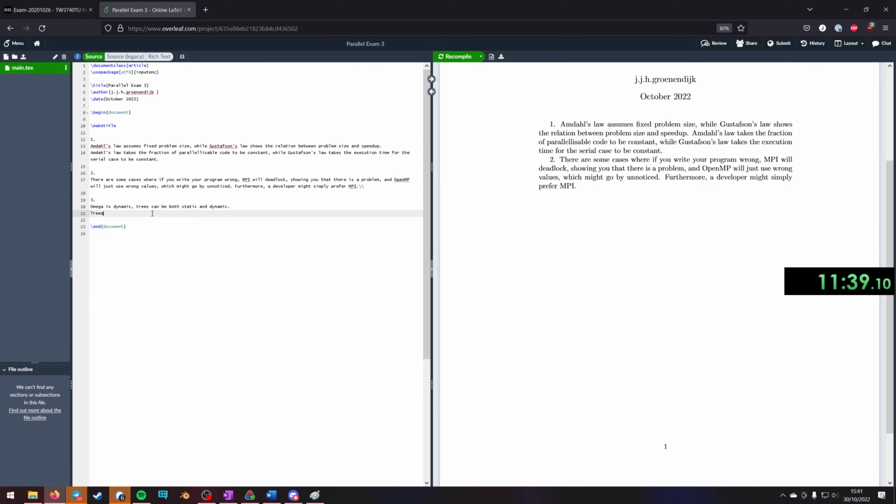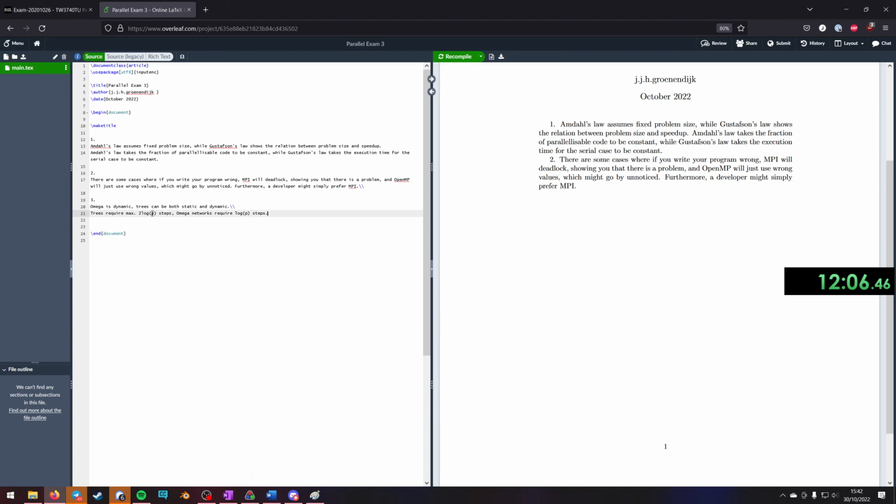So trees require max 2 log p steps. Omega networks require log p steps. Where this 2 log p comes from is you need to go up the tree once and down the tree once.